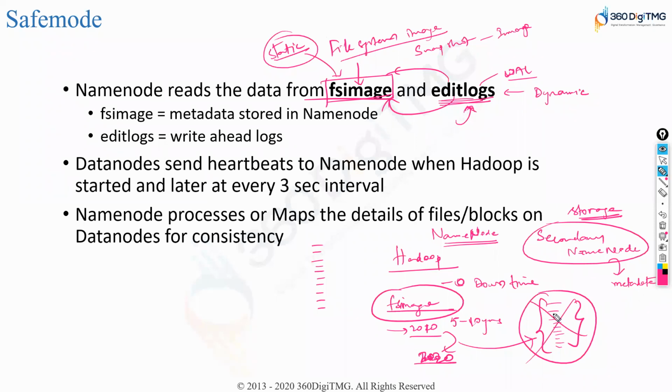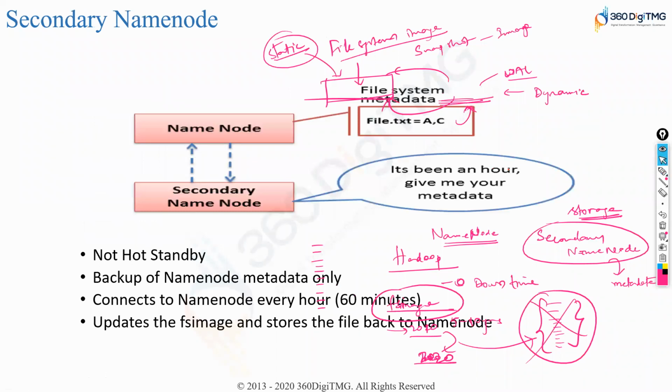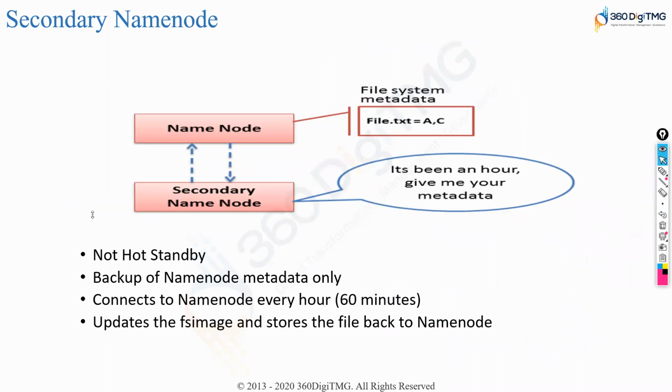Right? Now, the secondary name node architecture gives us two advantages. The work of secondary name node is just this. It does nothing except for one task.